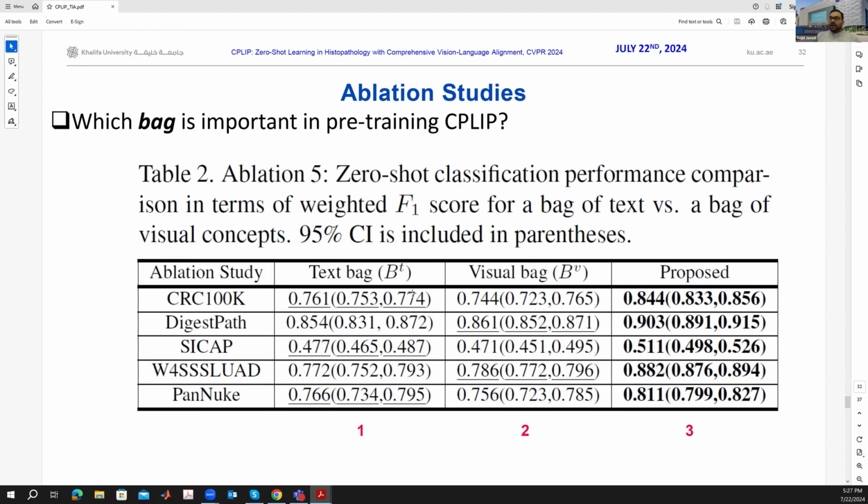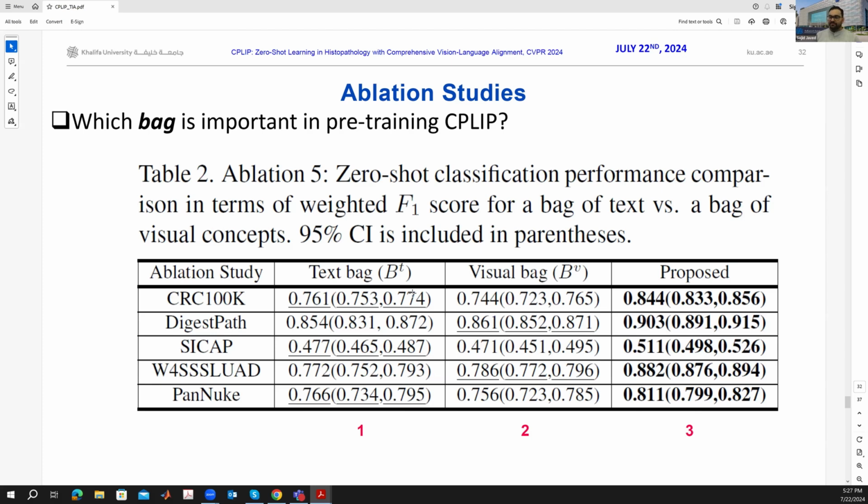Fine. One can ask which bag is more important, the textual bag or the visual bag. So, is the bag of comprehensive textual description better, or the bag of comprehensive visual concept better? So we conducted 2 more ablation studies here, where we trained our algorithm by aligning only one image for the textual bag.